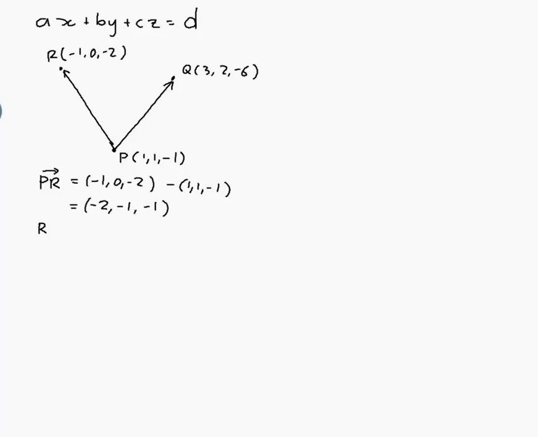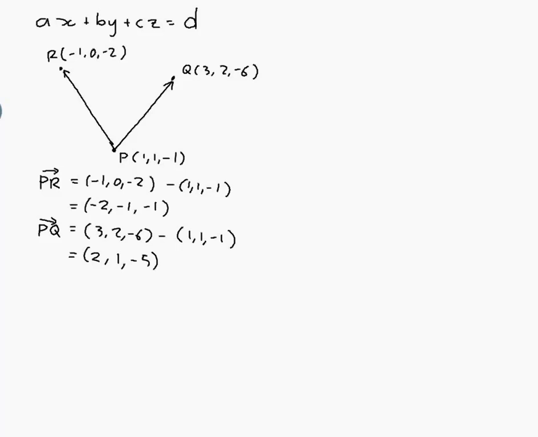PQ would be Q minus P, which would be 3 minus 1, which is 2, 2 minus 1, which is 1, minus 6 minus minus 1, which would be minus 5.